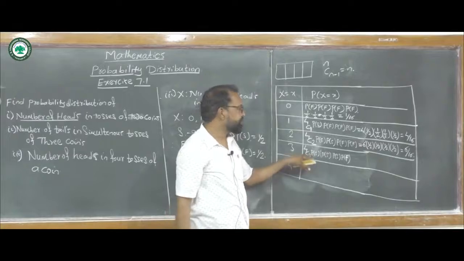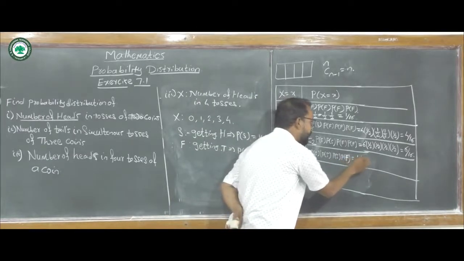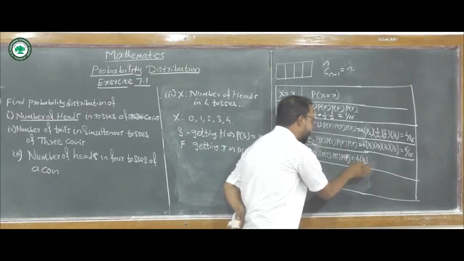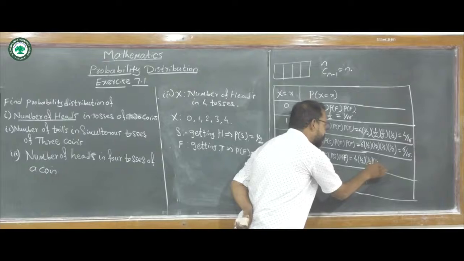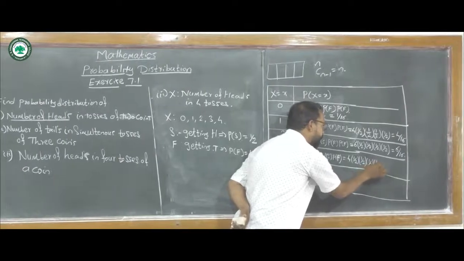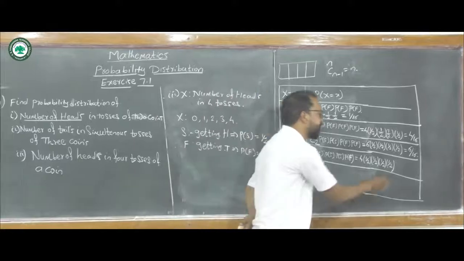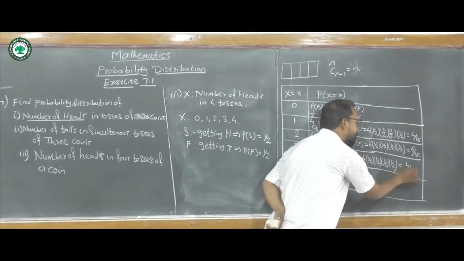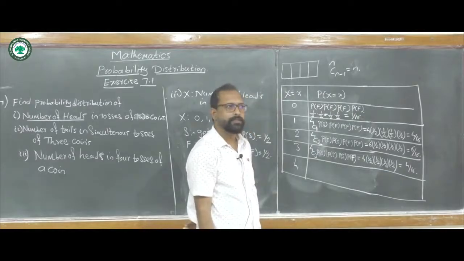So we get 4C3 as 4. So we get 4 into 1/2, that is probability of success, into 1/2 into 1/2, and probability of failure, that is 1/2. So again this becomes 4 upon 16.